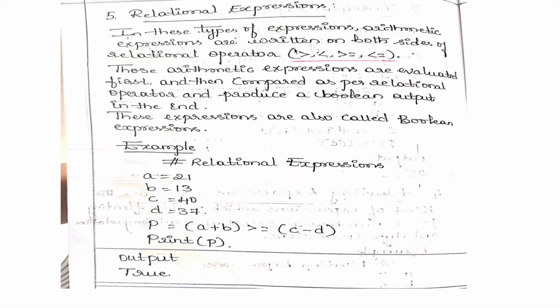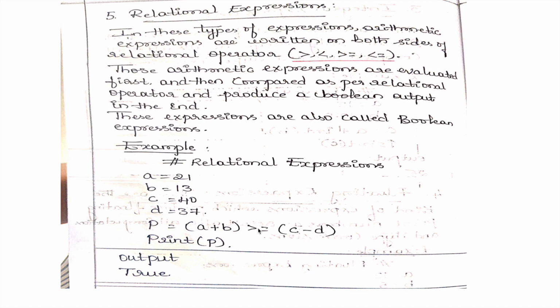So next is relational expressions. Relational expressions, as you know, contain relational operators like lesser than, greater than, lesser than or equal to, greater than or equal to, right? Only one thing here is, between relational operators we have arithmetic expressions. Here you can see p is equal to a plus b greater than or equal to c minus d.